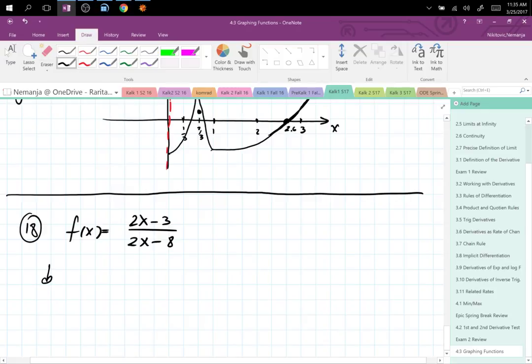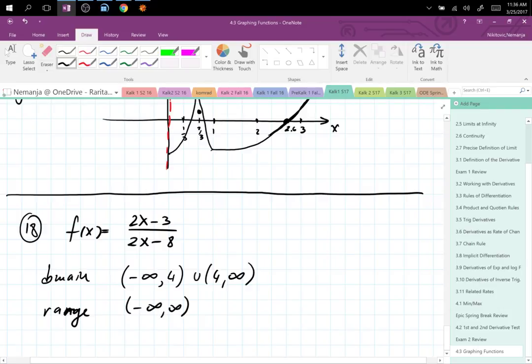Domain: polynomial divided by polynomial, so anything that's not giving us 0 in the denominator. What's giving us 0 in the denominator? 4, right? So we go negative infinity to 4, union 4 to infinity. Range for these guys is negative infinity to positive infinity.